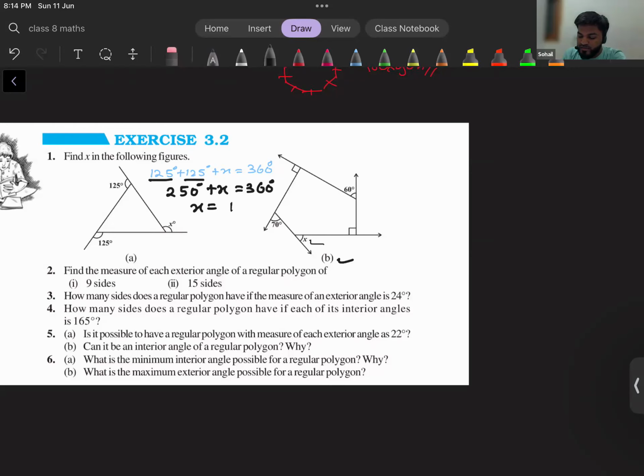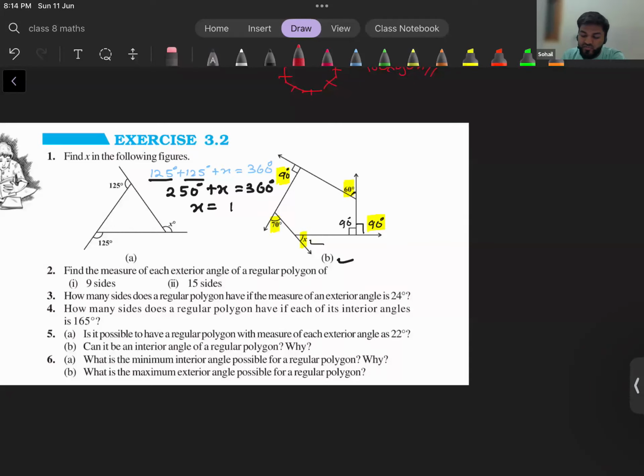So this one is 90 degrees here, so the exterior angle, this one is also 90 degrees, right? Emma, you also pay attention to this. This one is 70, this one is x, and this one here is 60 degrees. So these are the exterior angles: 90, 60, 70, this x here and 90 degrees.